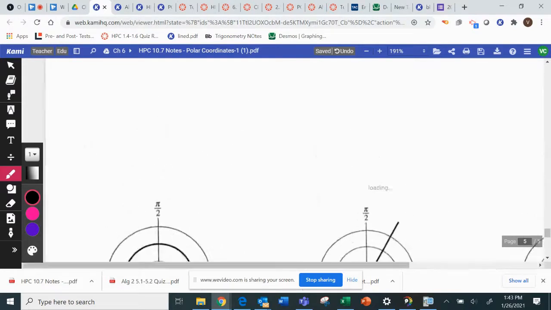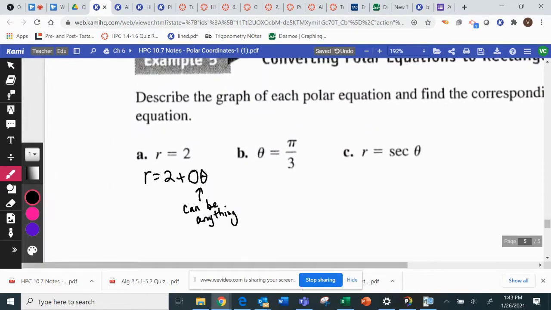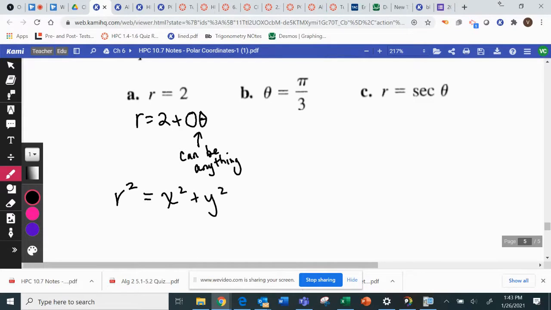So I'm going to use relationships that I know that go with polar and rectangular, and one relationship has to do with r. r squared is equal to x squared plus y squared. That is a relationship that connects the r and the x and the y's together.